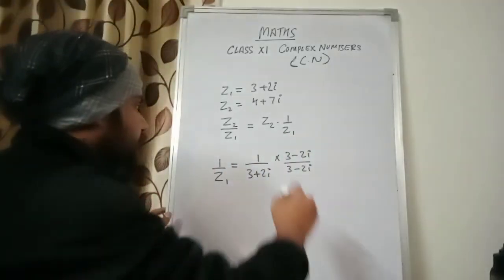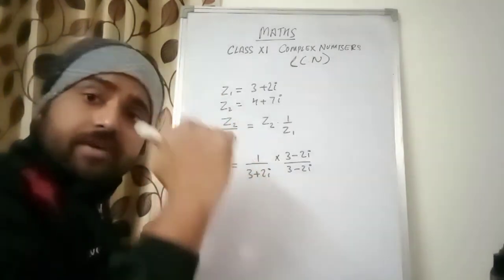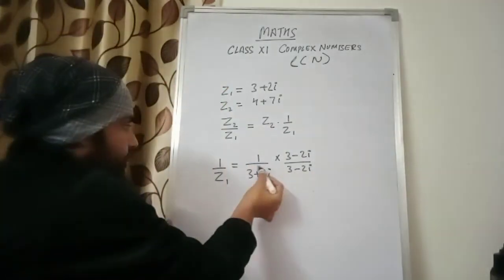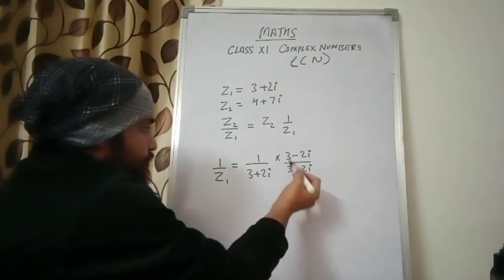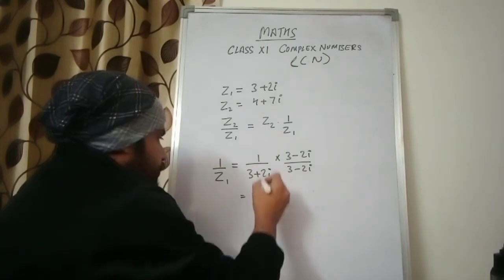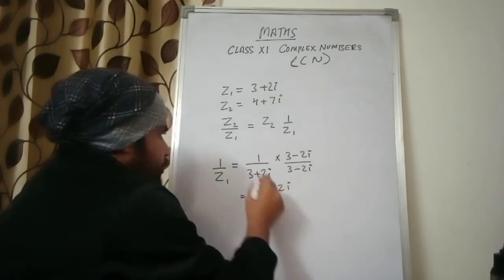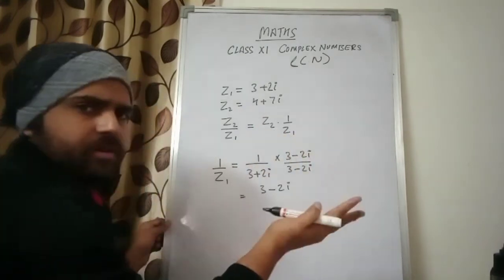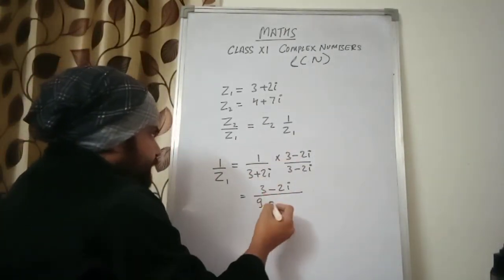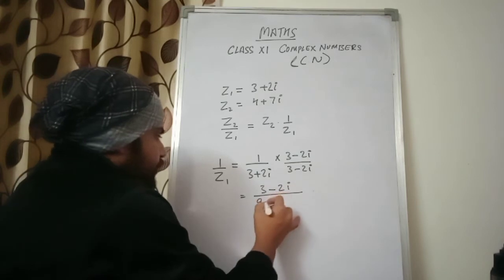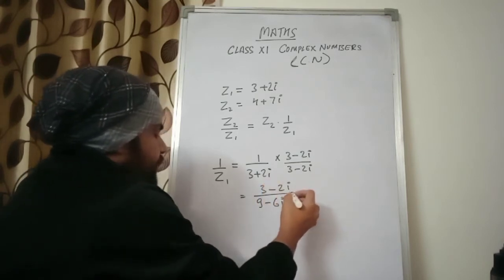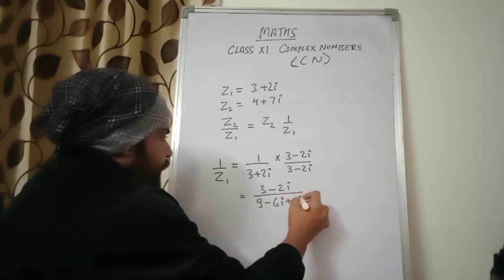Fine. Now the multiplication we have done, how to multiply two complex numbers. So here in the denominator I have this number as well as this number, so you know how to multiply it, because I have taught you in the first one how to multiply. So 1 multiplied by this number will give you the same number. Now 3 into 3 will give you 9. 3 into minus 2i will be minus 6i. 2i into plus 3 will be plus 6i.